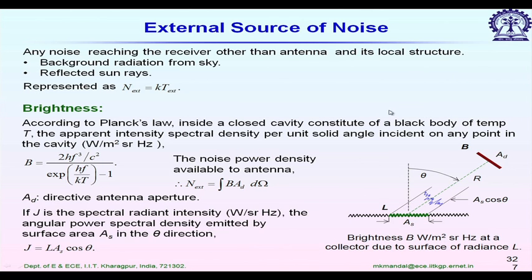Next, we will discuss the external noise sources. External noise sources can be many things. So let us say we are using any wireless millimeter wave system. It can also be one radiometer. Now you see externally, we have the sun, we have stars and galaxies, they are constantly illuminating Earth's surface.